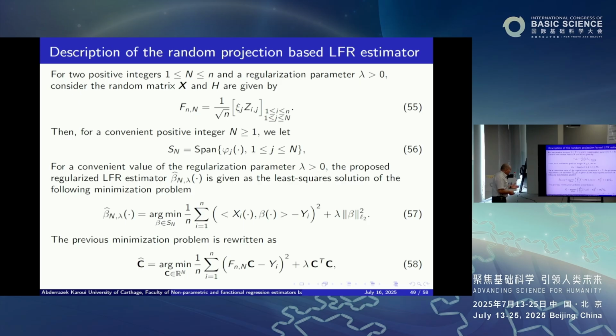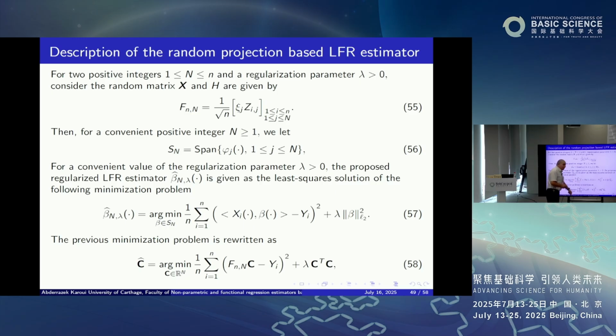Well, what we do, we use again the random projection technique to solve the linear functional regression problem, and the technique is somehow close to the technique we have used for non-parametric regression problems. Just here is the inner product of these copies of the random process with the slope function. That's what we are going to do. We are going to minimize this loss function.